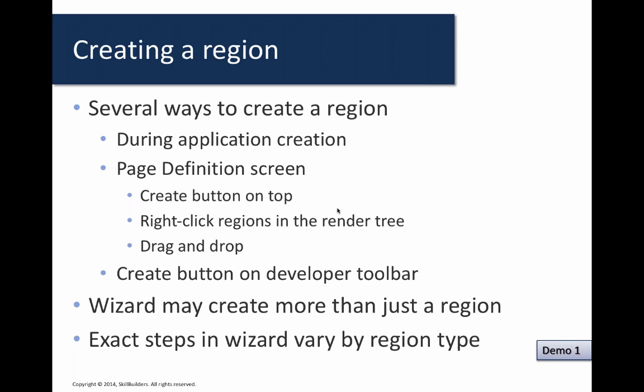On the left-hand side in the tree, you can right-click on the regions item and add a region. And of course, at the bottom, remember, you can use the drag and drop facility. And in 4.2, there is even a create button on the developer toolbar.